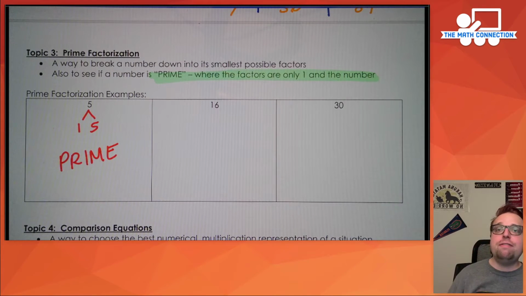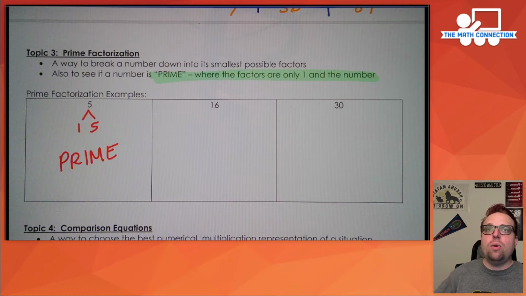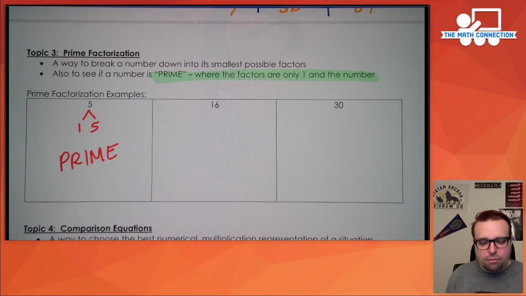So if you're looking at 5, think about going down from that. Does 4 go into 5? 4 times what gives you 5? Nothing. 3 times what gives you 5? Nothing. 2 times what gives you 5? Nothing. The only choices are 1 and 5, and therefore 5 is a prime number.